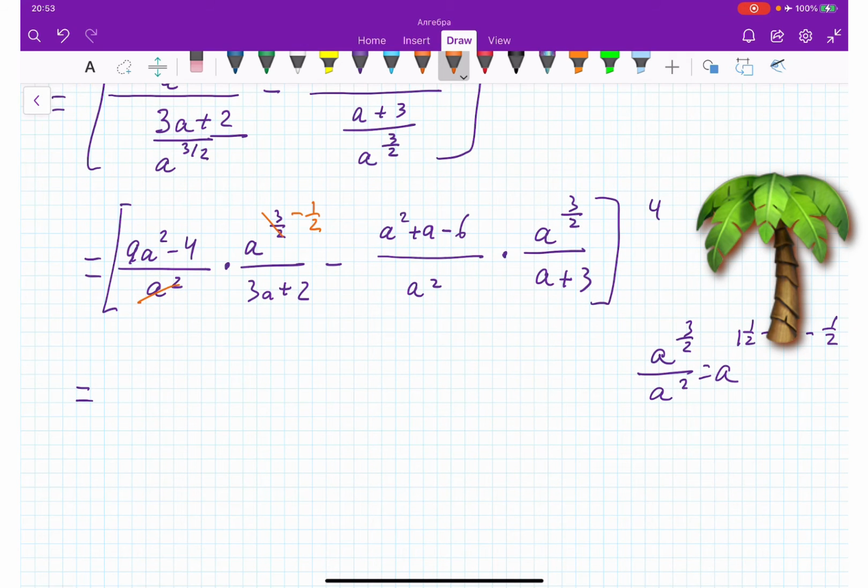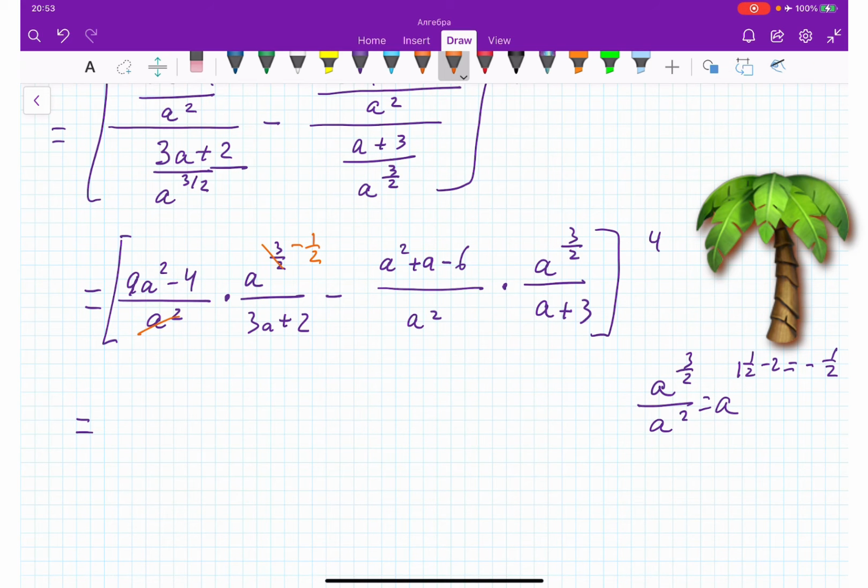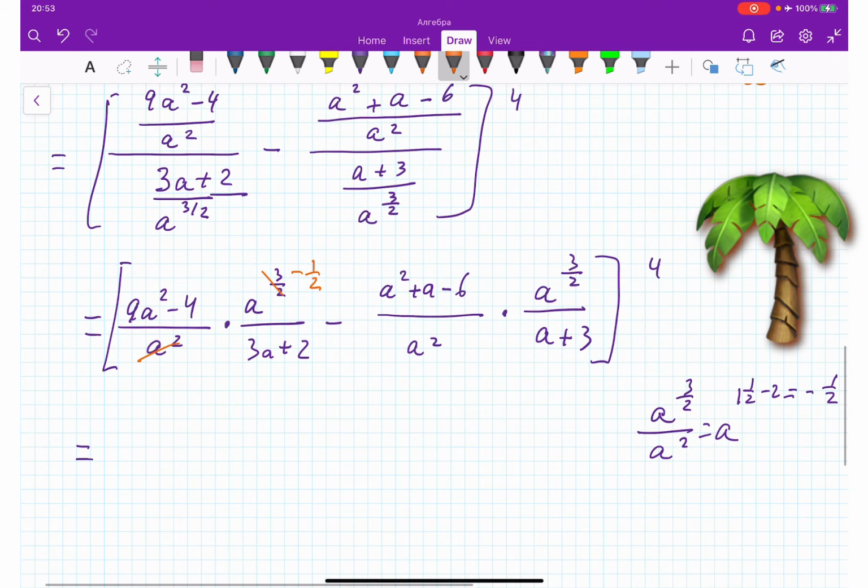What else do we have here? 9a squared minus 4, let me open this up. It's like a squared minus b squared, a minus b times a plus b.